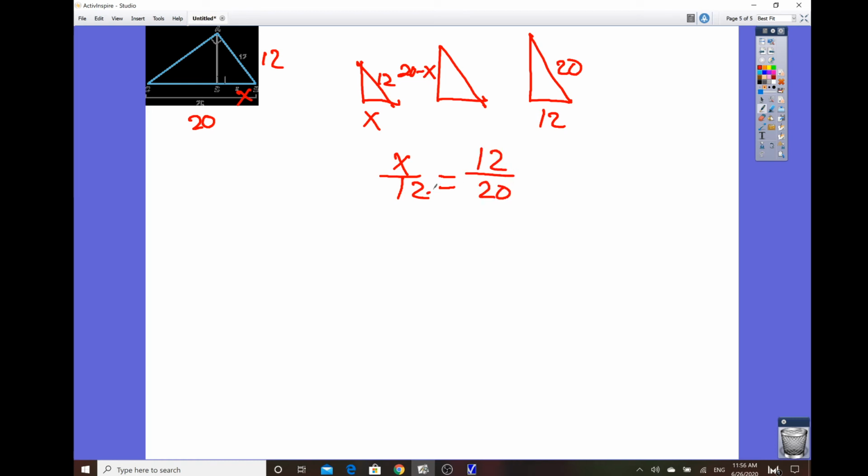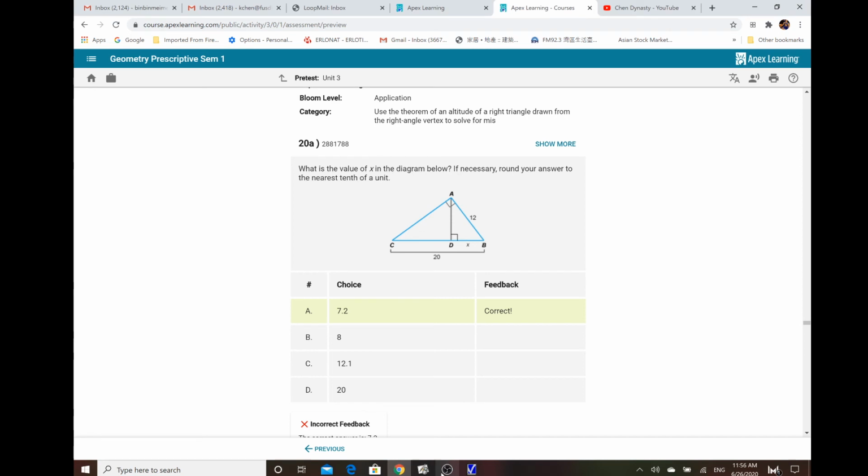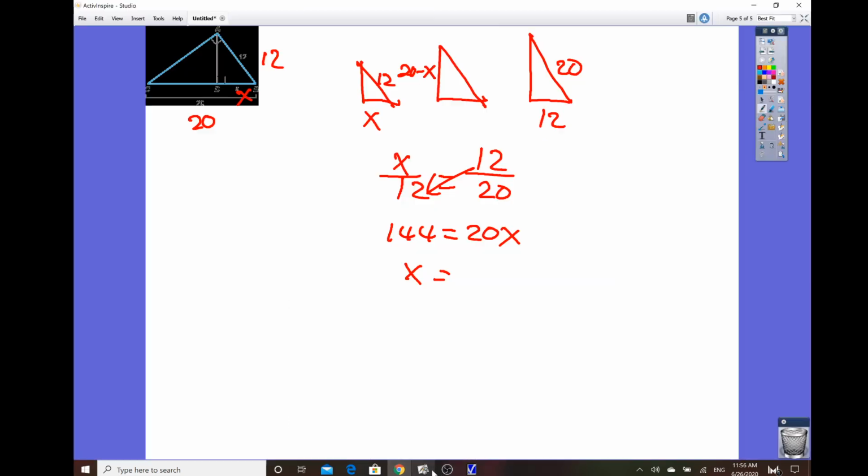So 12 times 12, you'll get 144, and 20 times x, you'll get 20x. Once you divide, the answer is exactly 7.2.